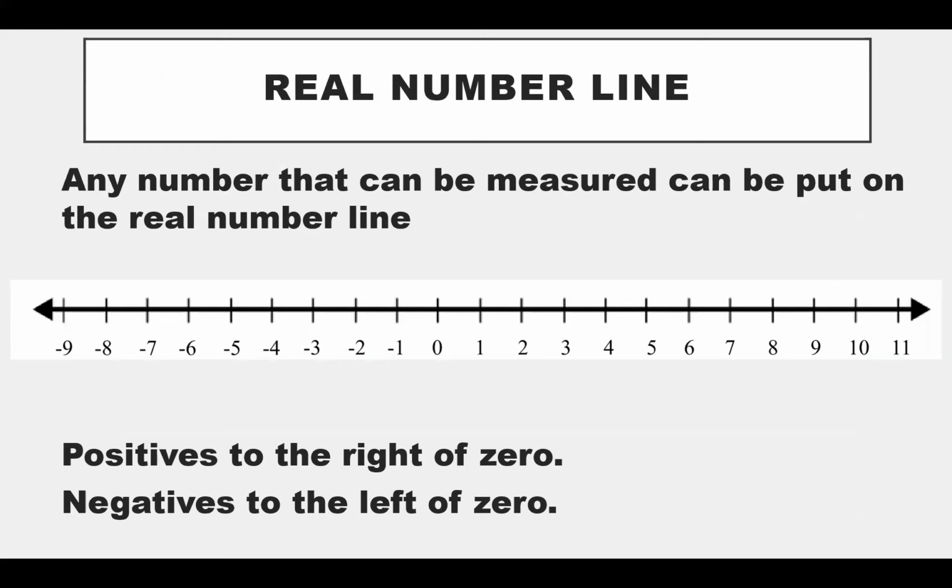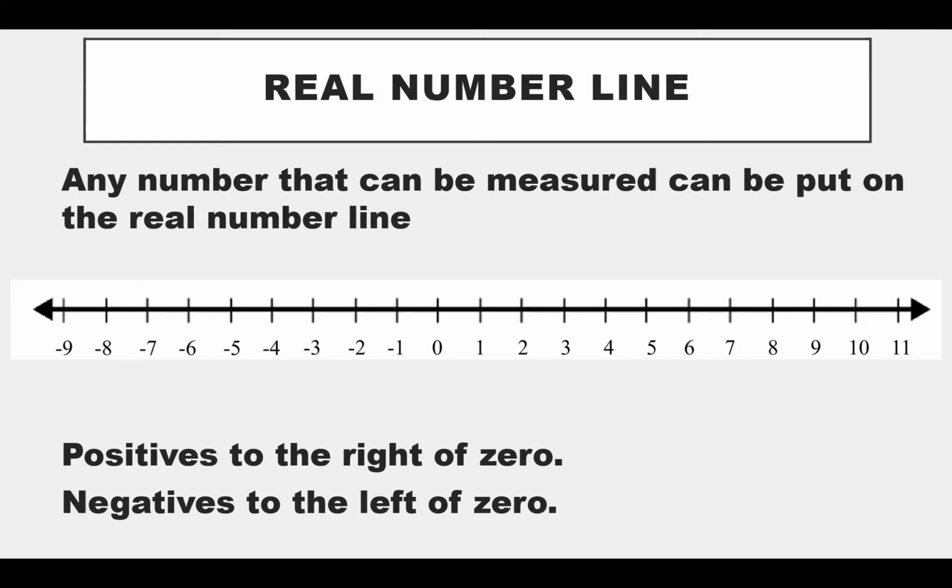Now, we call things real numbers because we can plot those in a real sense. We can measure those. We can plot them on a number line, for instance, or we could understand their length.